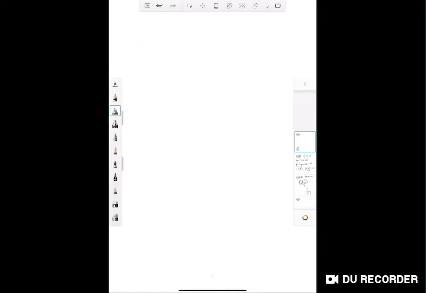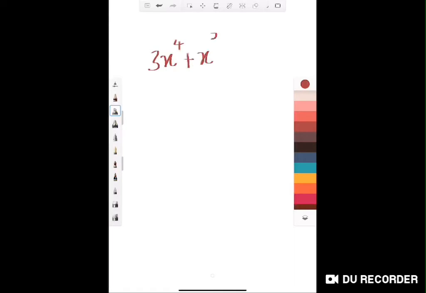Okay, so let's say we have 3x power 4 plus x cubed minus x square plus 3x plus 2. And then we want to check if x plus 1 is a factor of this polynomial.